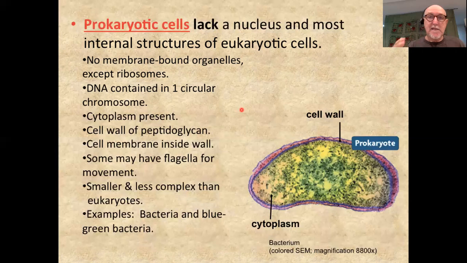It is inside the cytoplasm. I don't like to use the term that it is loose inside the cytoplasm. You can think of it like that if you want, but to say it's loose in the cytoplasm implies that it's somehow chaotic or it's just tossed in there. It's not. It's very carefully organized. And it has to be, because the cell has to be able to access the right regions of DNA.